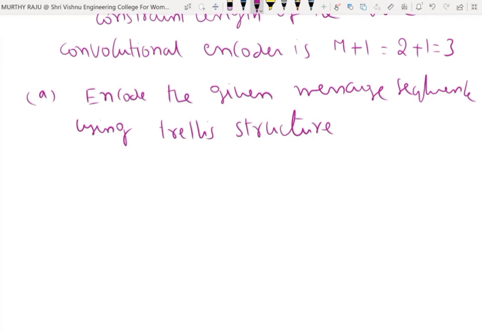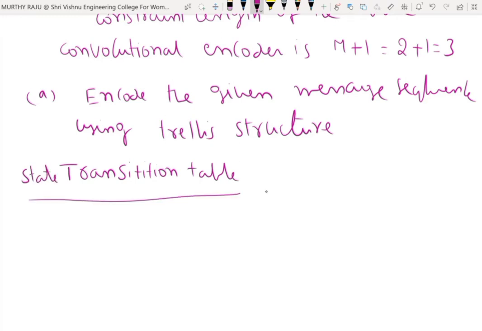First of all, we have to create the transition table, which is called the state transition table. By using this table, you have to construct a trellis structure and then encode the given message sequence. This is the first step.